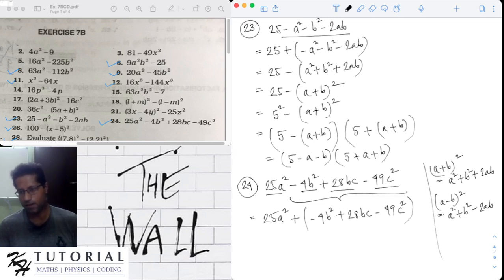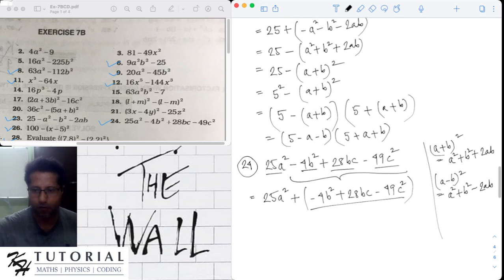The squares of a and b are positive. The only difference is in the term ab. In a minus b whole square it is minus twice ab, and in a plus b whole square it is plus twice ab. So from this, if you want to create the form a plus b whole square or a minus b whole square, I want the square terms to be positive.